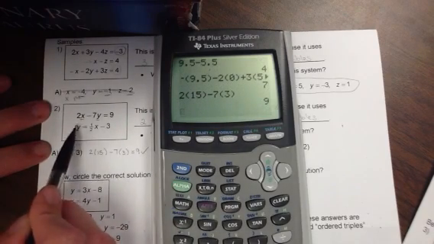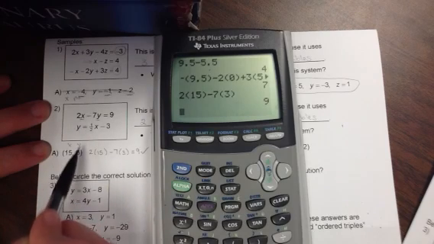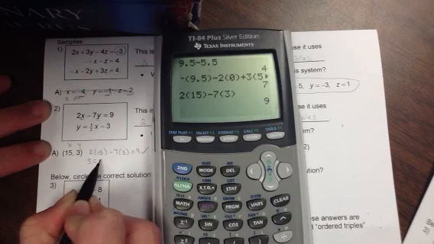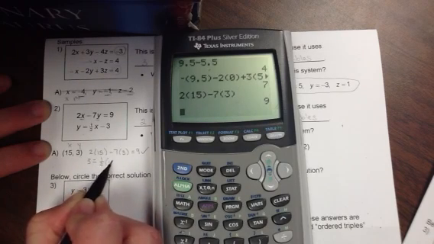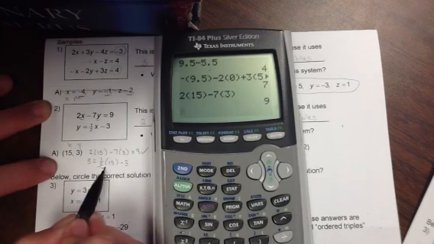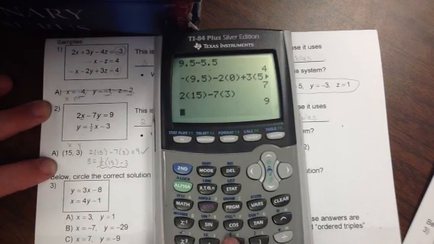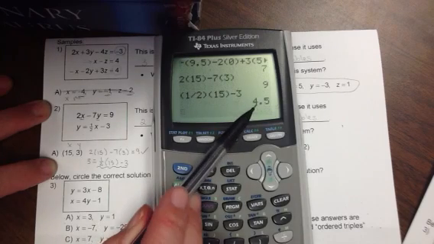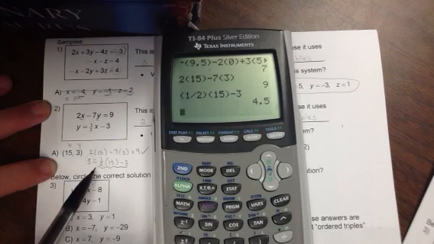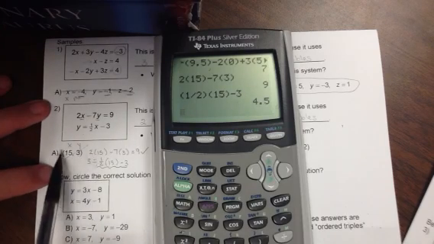Now the second one's a little bit more confusing because we have a y there, but this just goes in for the y. So we would have 3 should equal 1/2 times 15 minus 3. So this is the part we're going to put in the calculator. Remember, fractions go in parentheses, so 1 divided by 2, so 1/2 times 15 minus 3 comes out to 4.5. Well, it was supposed to come out to 3. Therefore, this is not the answer.